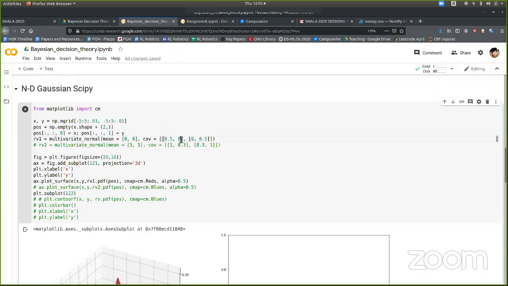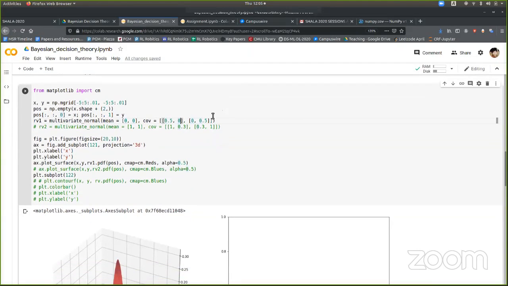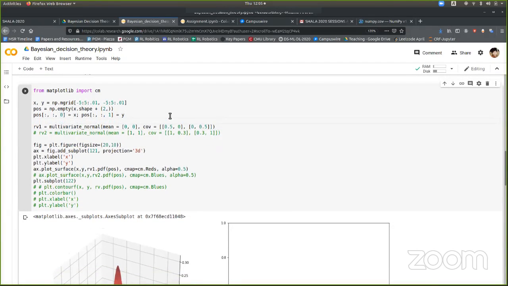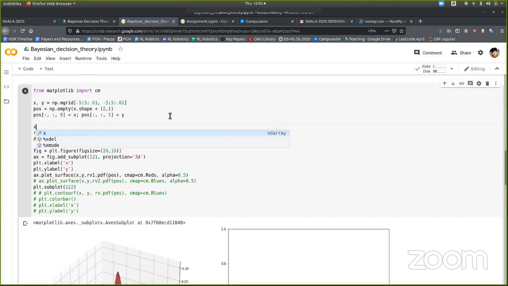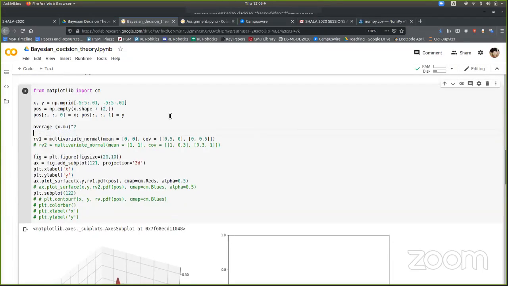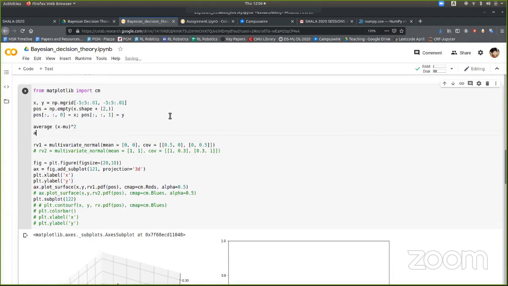Now let's look at the off diagonal elements. If these are not zero, what does it mean? If you remember how you compute the variance of a single scalar, you do x minus mu squared, and then you take the average. But since now you have multiple dimensions, you can do it across two different variables.